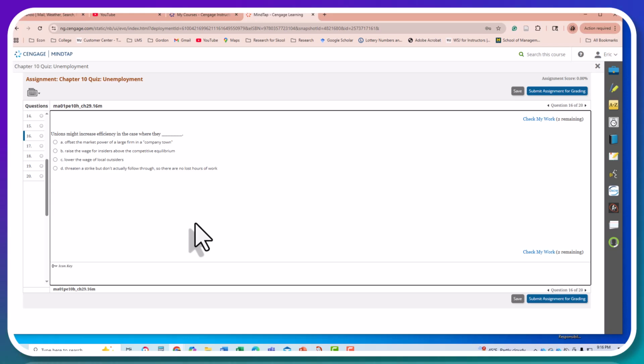It is on page 202. Extreme case of a market power is a company town, in which a single firm does most of the hiring in a geographic region. So this is a reason why you might have a union. So I'm kind of giving you hints.